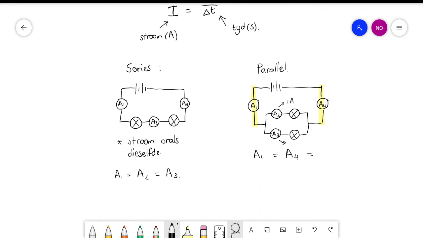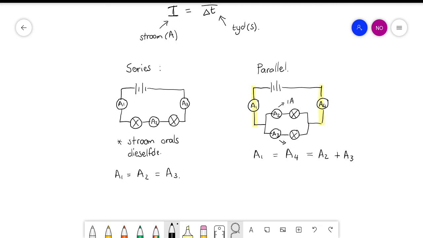So if one passes through the top one, then the rest has to go through the bottom part. Want A2 plus A3 moet vir my dieselfde gee as A1 en A4. Remember, the current can't go away. It has to pass through either the top part or the bottom part. So die twee bymekaar getel moet weer vir jou die totale stroom gee.